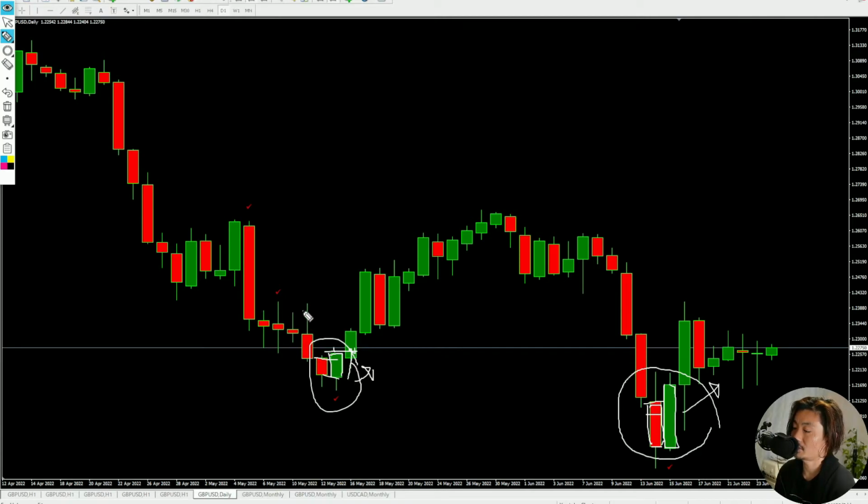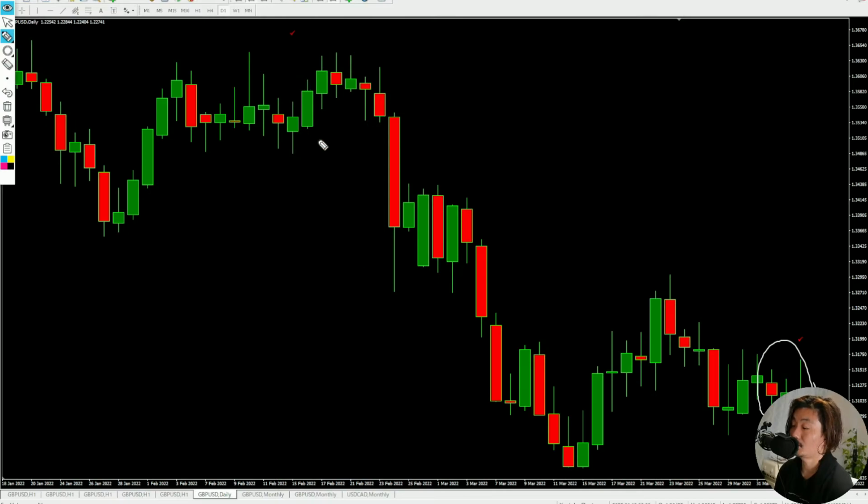And then right here, we have consecutive dojis, showing that the next move is going to have a lot of strength in it. And then we got another engulfing pattern showing future short strength. Let's keep going. Moreover, we have these consecutive rejection candles right here. As you can see, they have low wicks on the bottom end consecutively, which shows future long strength in the next move.